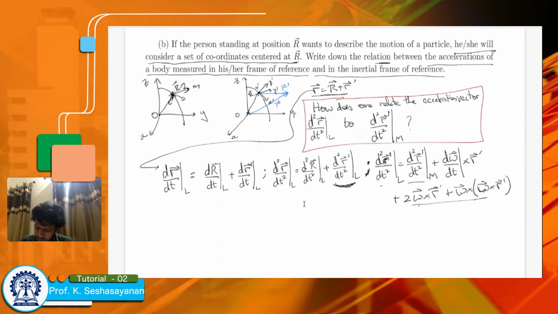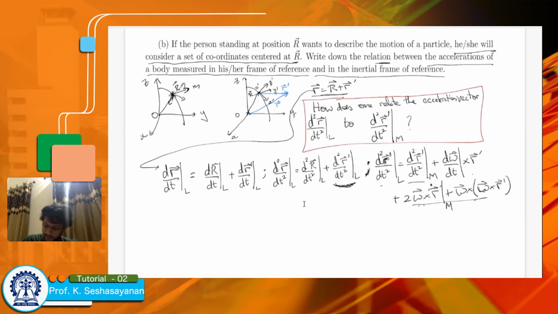You have the Coriolis term, the centrifugal term, and a linear term related to the rate of change of omega. So this is actually r prime dot, measured in the moving frame.